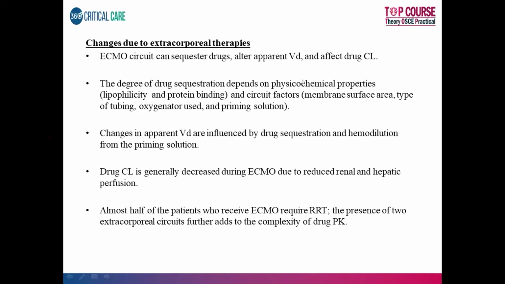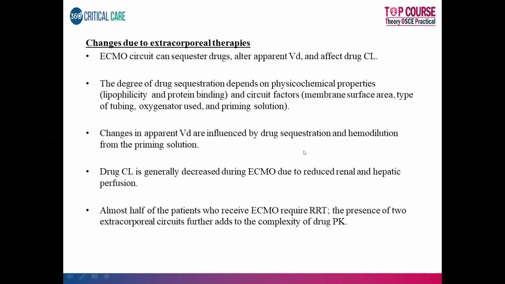Now, as I told, it will alter the volume of distribution. The changes in the volume of distribution are influenced by drug sequestration and the hemodilution from the priming solution. Both of these will cause increased volume of distribution. Then drug clearance is usually decreased in ECMO because of reduced renal as well as hepatic perfusion.